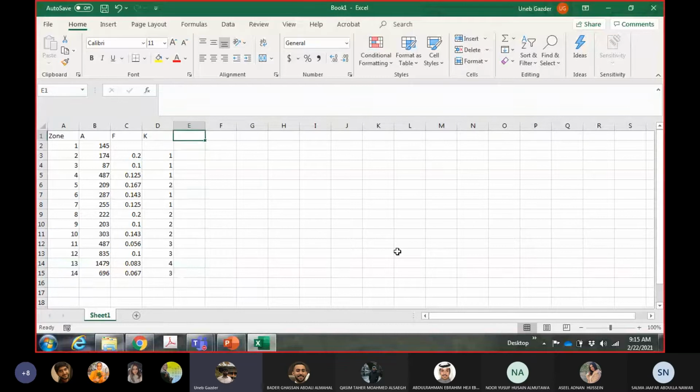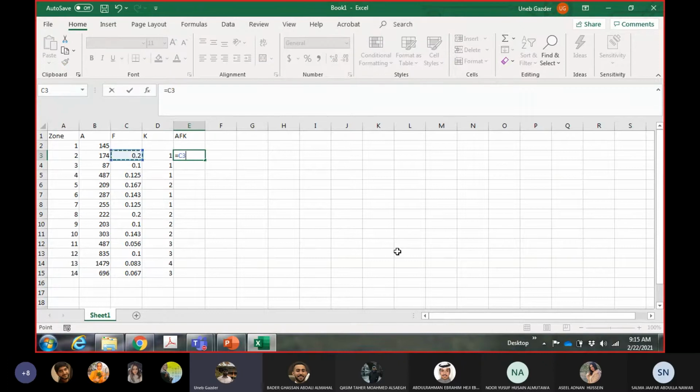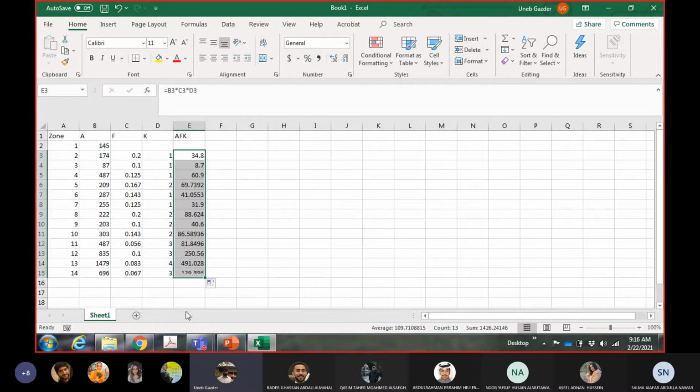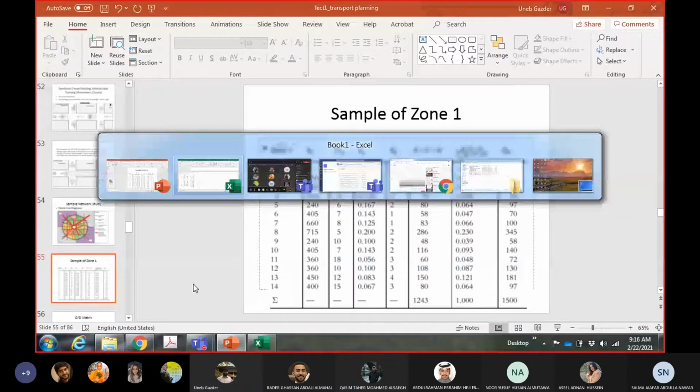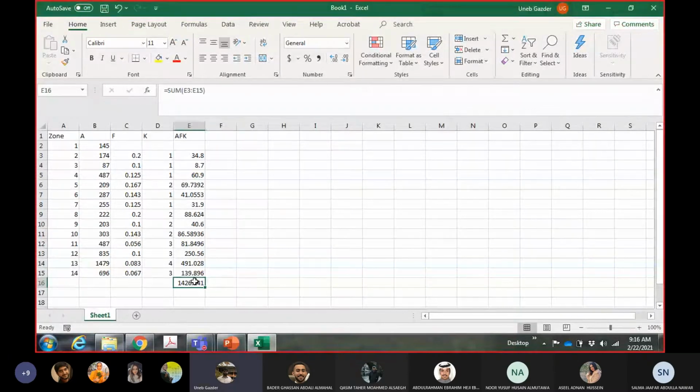Now I can calculate the AFK factor. AFK factor will be A into F into K simply, and then you take the summation. Again, you can round them off if you want.